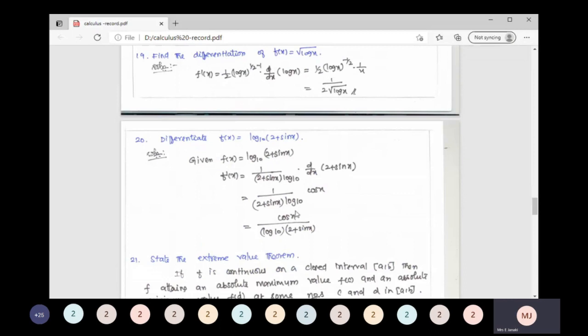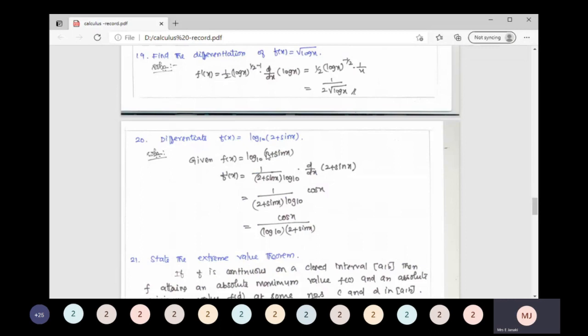And this is the differentiation of f of x equal to log of 2 plus sin x. The derivative of log of any function is 1 divided by that function, so f dash of x is 1 divided by 2 plus sin x. Here the log is base 10, so that is log 10.